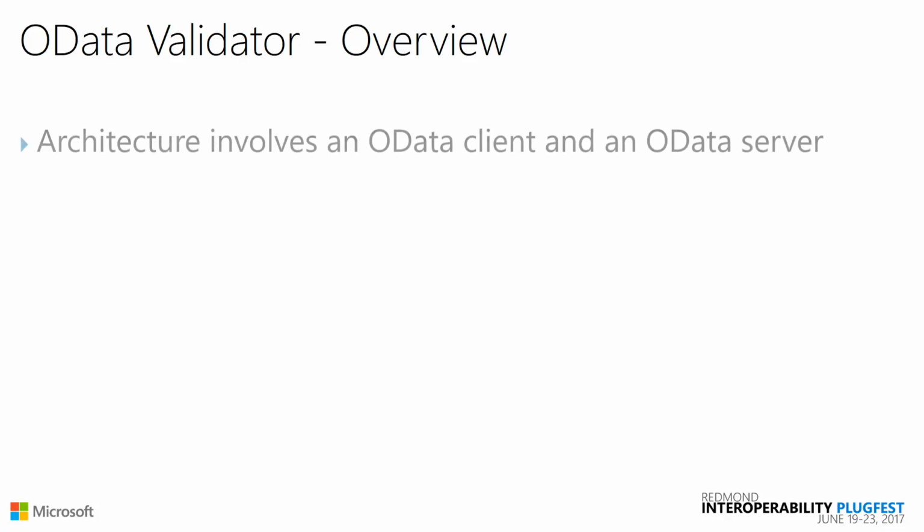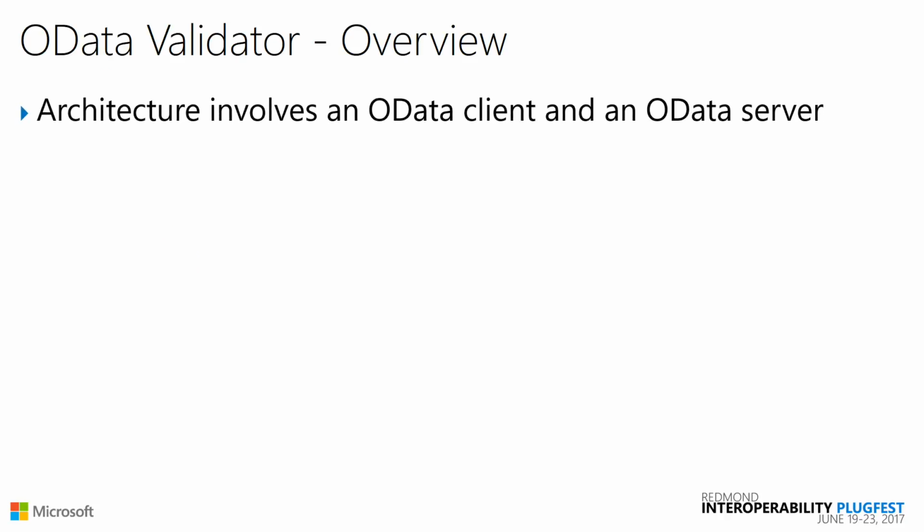All right, so overview. The architecture involves a setup similar to what you have in a network. You know, you have a client and a server. Client making requests, server honoring those requests by providing responses. But of course, we are talking about a spec and we are talking about a standard. So the communication has to happen in a certain way for us to say that, yes, it conforms to what's in the spec.